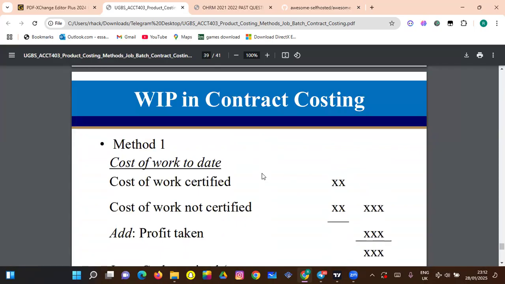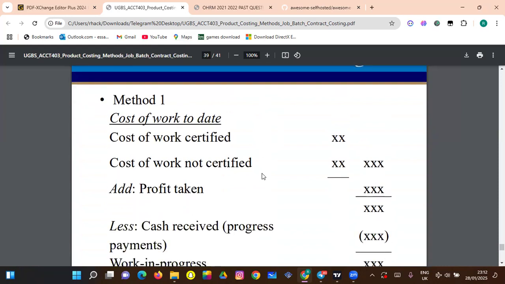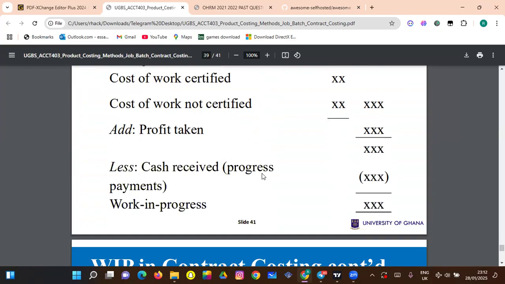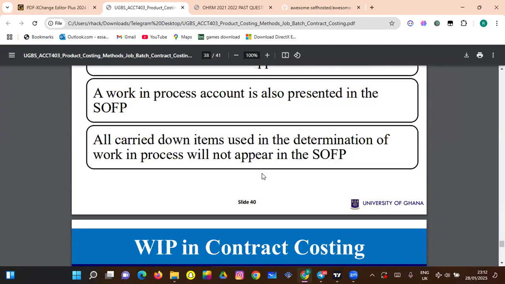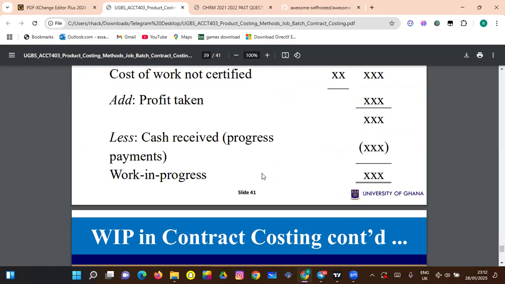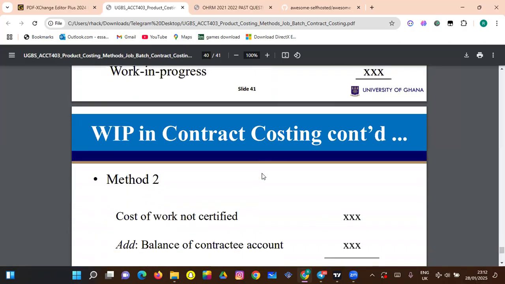Cost of work done is equal to cost of work certified plus cost of work not certified. Then we get our profit taking. Then we less cash received. So the profits we are supposed to get, then we less the actual cash we received. Then the difference becomes our work in progress.